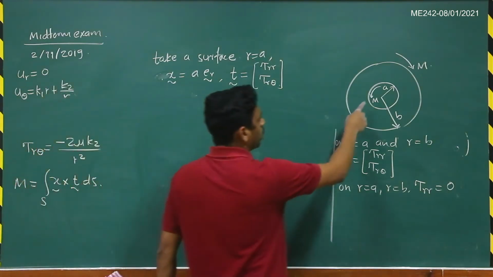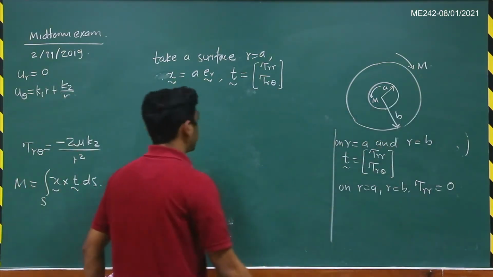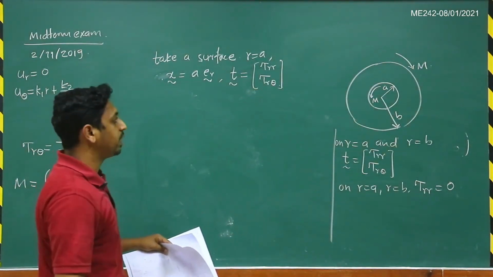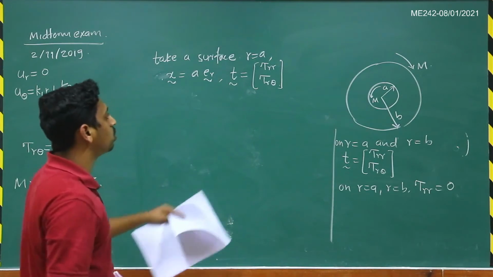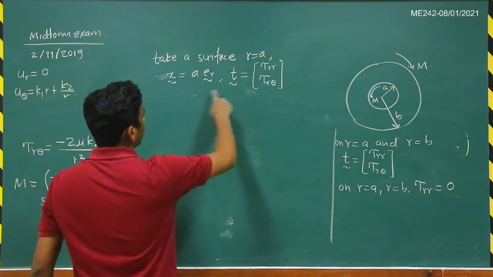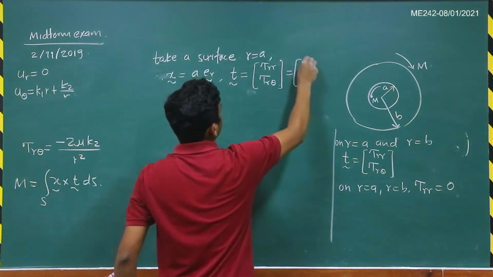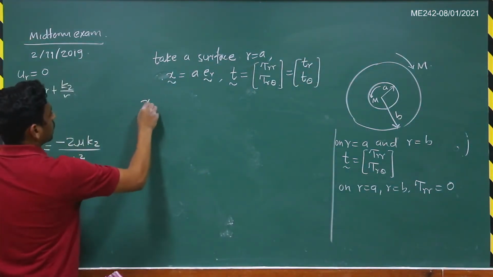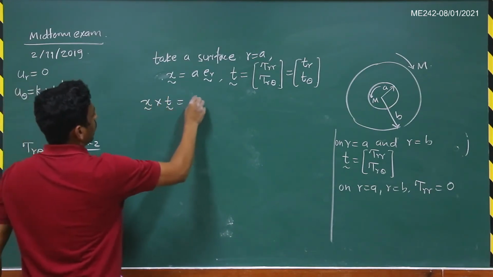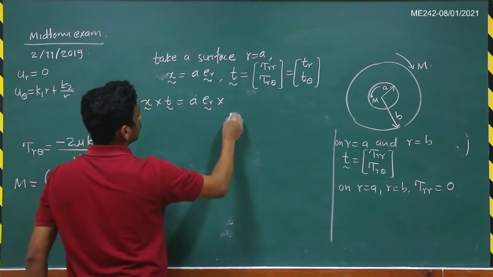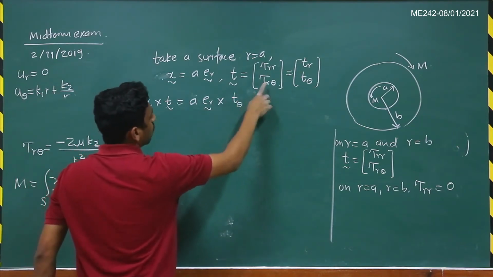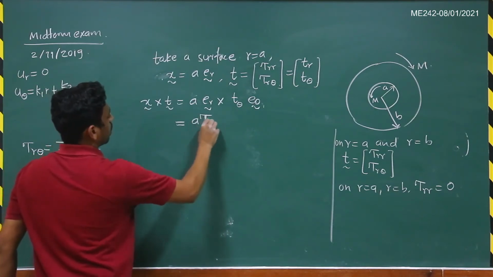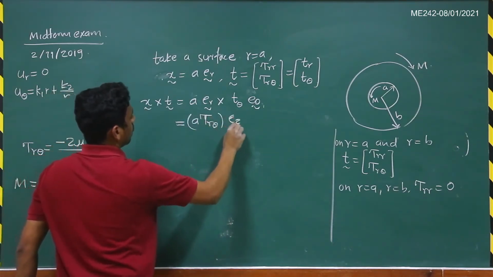We have already known that tau r will be 0, because we have got an expression for tau r to be minus, it includes some C3 constant which we got to be 0. So tau r is basically 0. So the only term contributing to this moment will be the t theta terms. So x cross t will be a times er cross t theta, which is equal to tau r theta in t theta direction. This would be a tau r theta in ez direction.